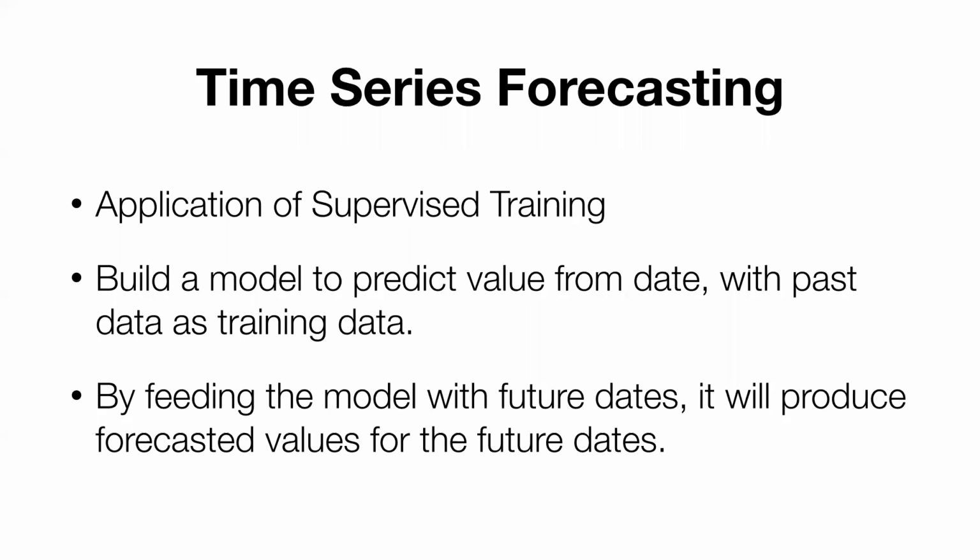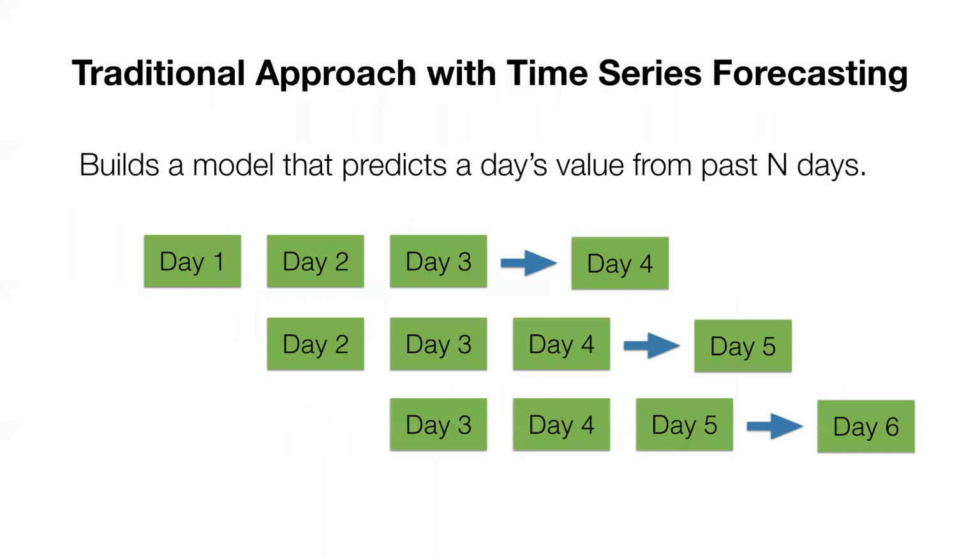Typically, with or without Prophet, in the traditional world, time series forecasting is considered supervised training: based on past data, you build a model, and then you want to forecast the future. That's really what it is.